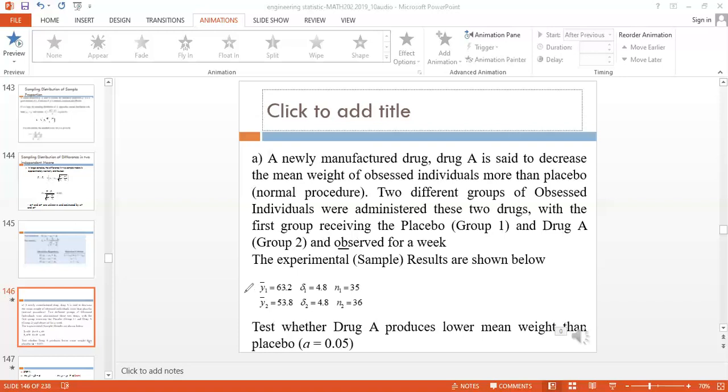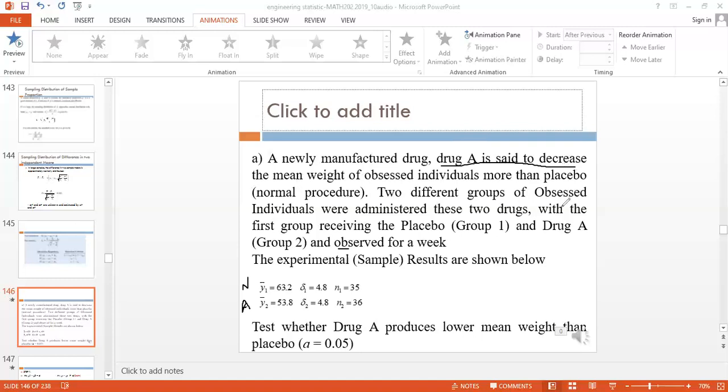So group 1 is for the placebo, that's the normal procedure, and those on drug A are in group 2. And the objective here was to check, you see, it says drug A is said to decrease the mean weight.